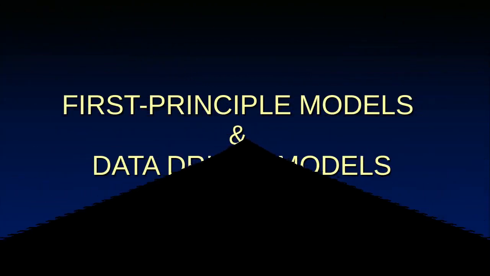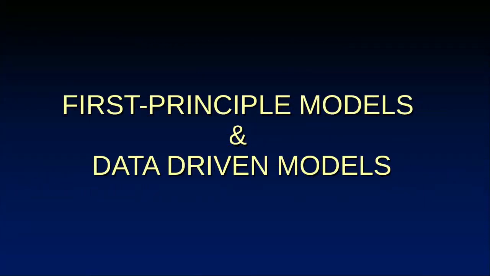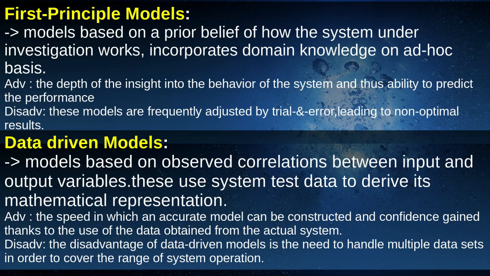Now let me talk briefly about first principle models and data-driven models. First principle models can be defined as models based on a prior belief of how the system under investigation works. It incorporates domain knowledge on an ad hoc basis. Data-driven models can be defined as models based on observed correlations between the input and output variables.